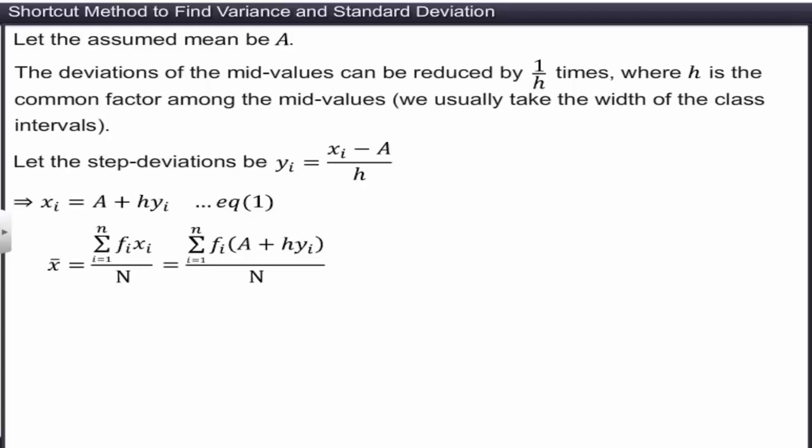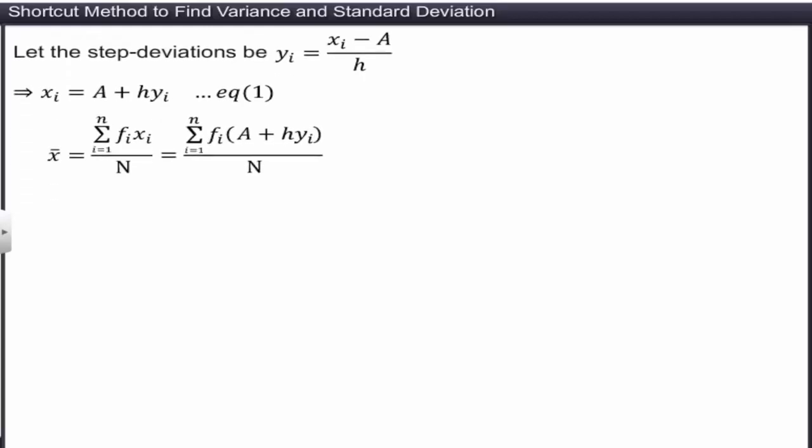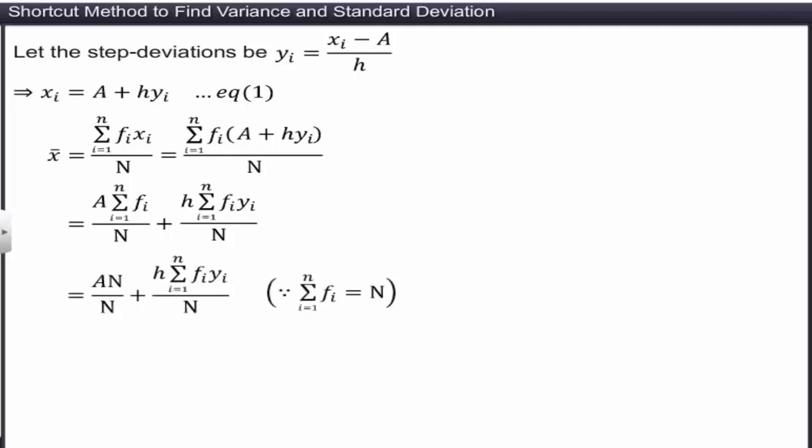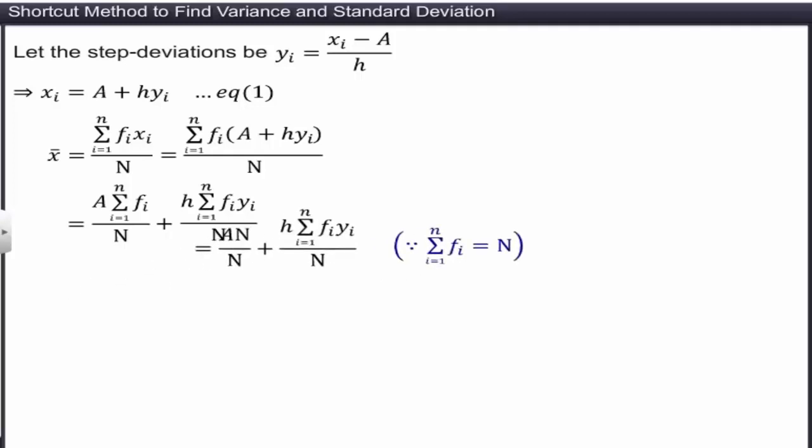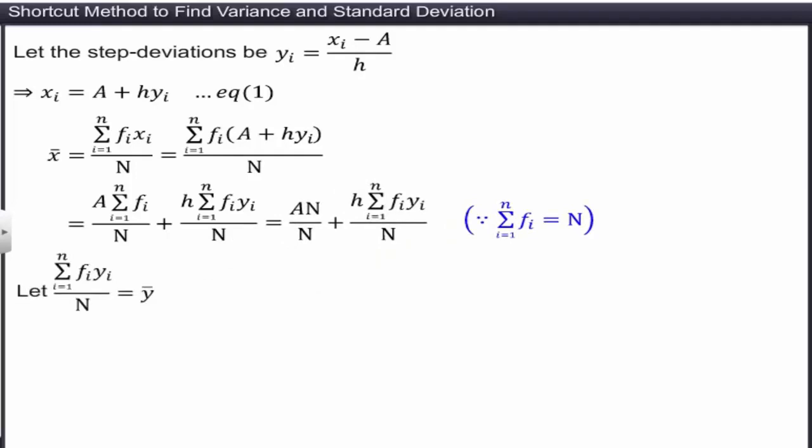On simplification, the right-hand side of the equation becomes a multiplied by the sum of the frequencies divided by n plus h multiplied by the sum of the products of fi and yi whole divided by n. We know that the sum of the frequencies is equal to n. Let the sum of the products fi and yi whole divided by n be equal to y bar. Therefore, x bar is equal to a plus h multiplied by y bar. Let this be equation 2.